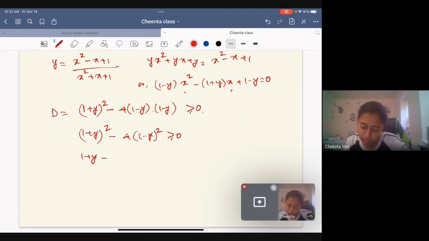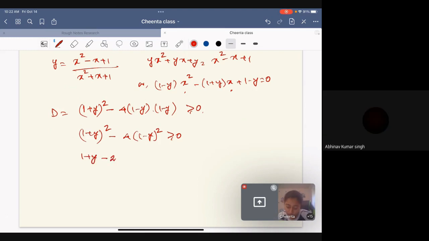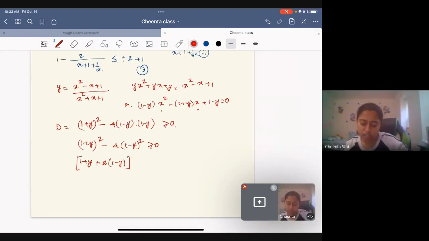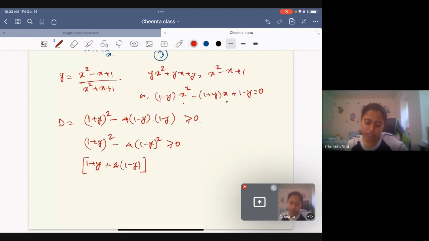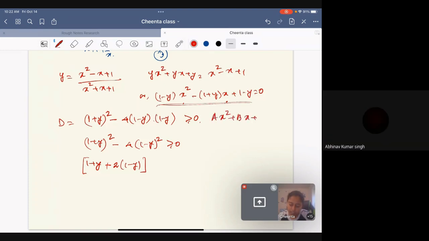Yeah, Vinay, tell me. Ma'am, how do we know that the above equation is a quadratic equation? Because you are getting the form ax squared plus bx plus c equals 0.